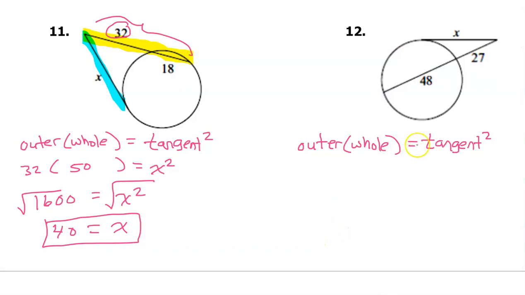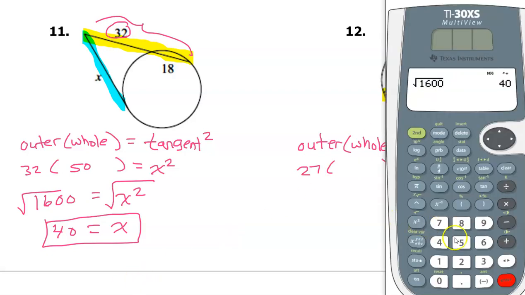All right, so this really is the last problem. Outer times whole, we are talking about the secant segment. The 27 is the outside part. So I'm going to have my 27 first. And then the whole thing is the 27 plus the 48.